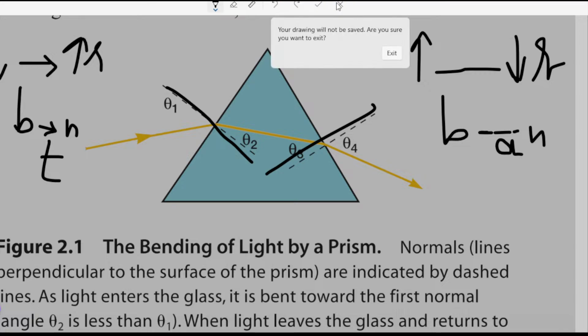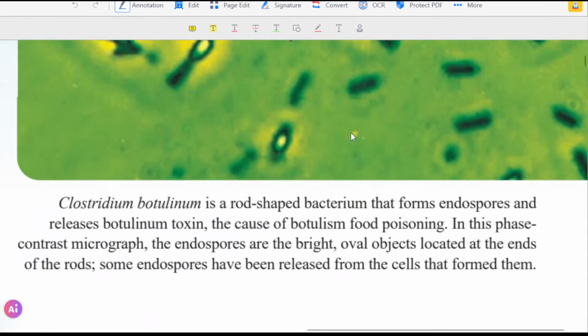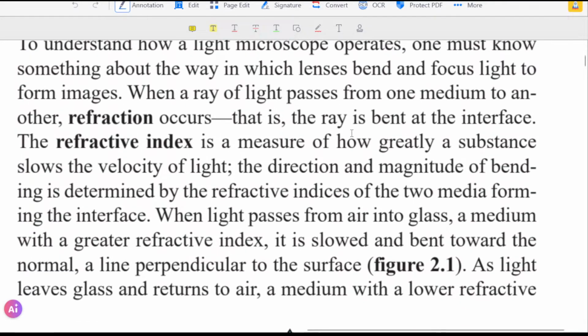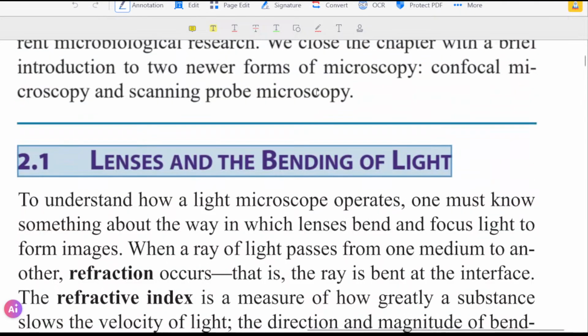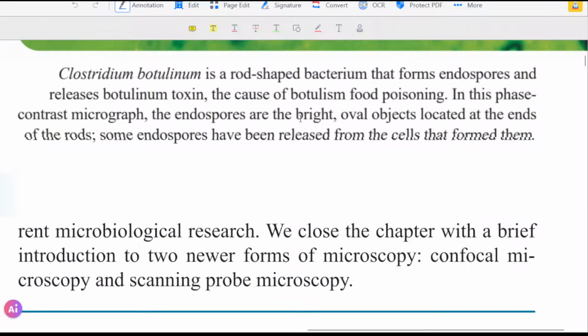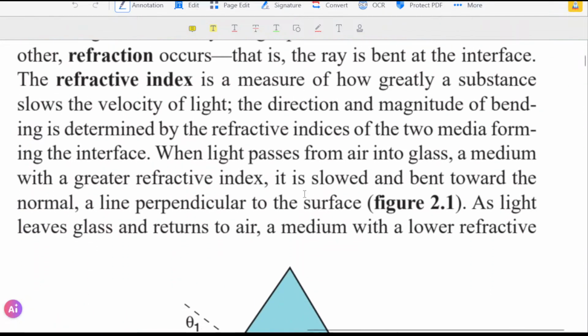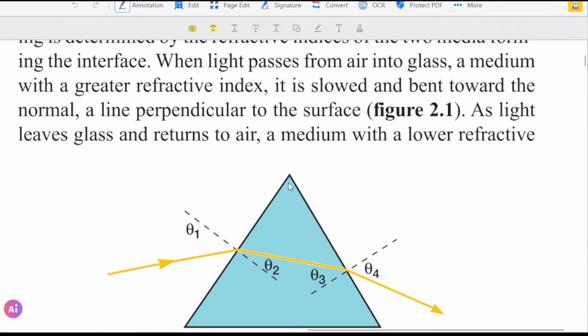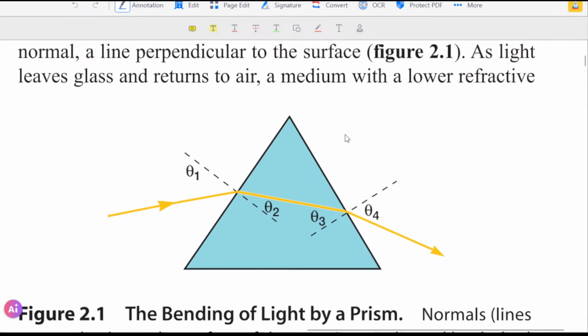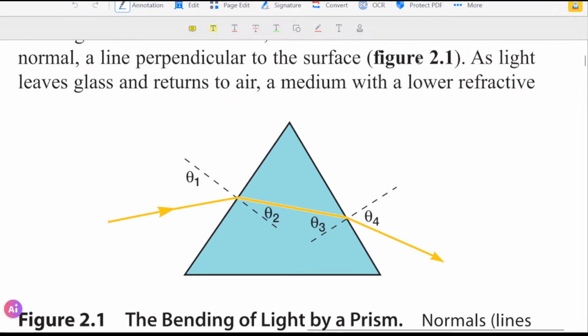So we get this point that when it enters from a lower refractive index medium into a higher refractive index medium, the light bends towards the normal, and when it enters a lower refractive index medium, then it bends away from the normal line.